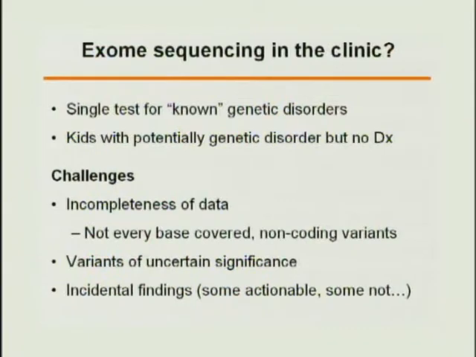Also, by focusing on the exome, we're by definition excluding non-coding variants. On the other hand, those are difficult to interpret, so it's just an issue to think about. More importantly, or quite importantly, I think variants of unknown significance are going to be popping up all over the place, and this is going to be a continuing challenge that needs to be thought about.